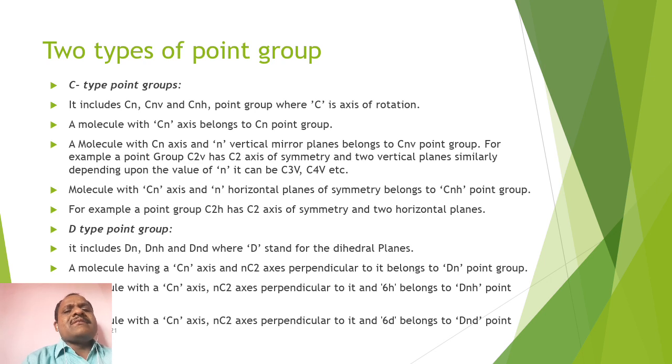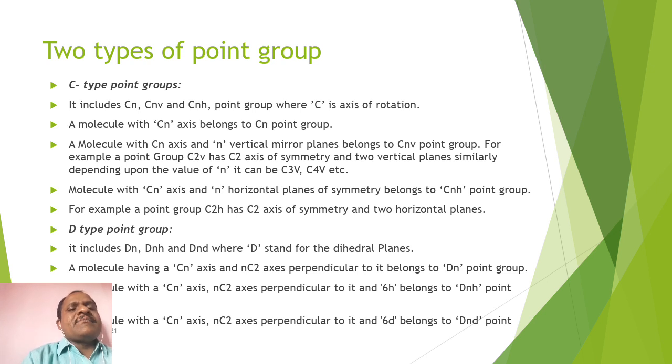A molecule with a Cn axis and n horizontal planes of symmetry belongs to Cnh. In the beginning, I told you that in the plane of symmetry topic we studied that there are basically 3 types of plane.